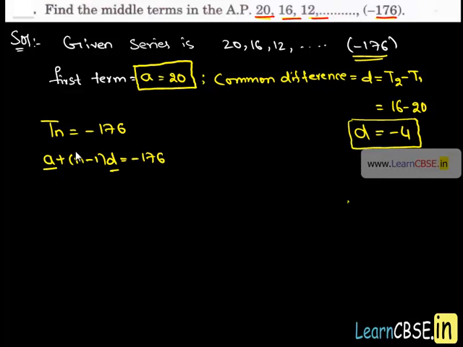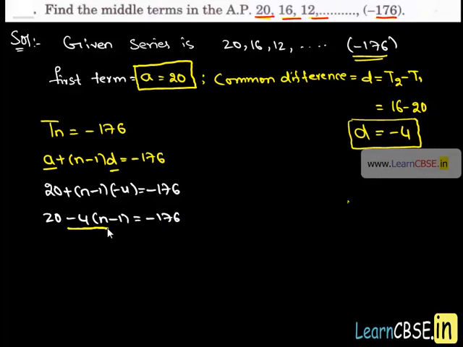By substituting the values of A and D in this equation, we get the value of n. Let's solve it for n. A is 20, D is negative 4, and the whole expression is equal to negative 176. 20 plus negative 4 times n minus 1 is equal to negative 176.